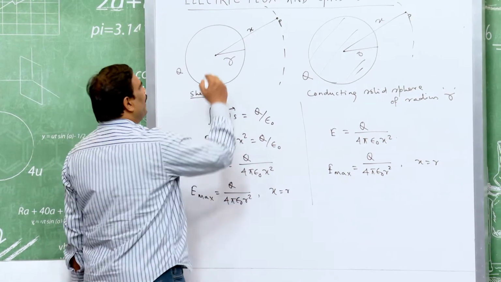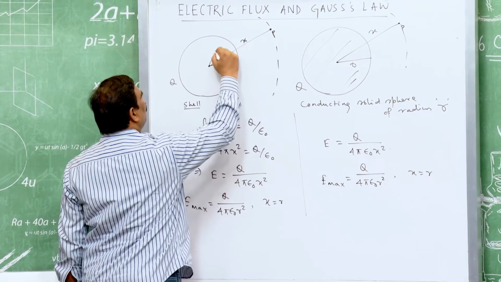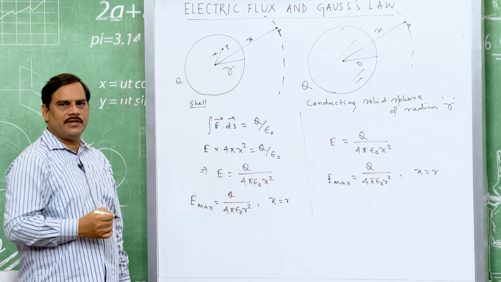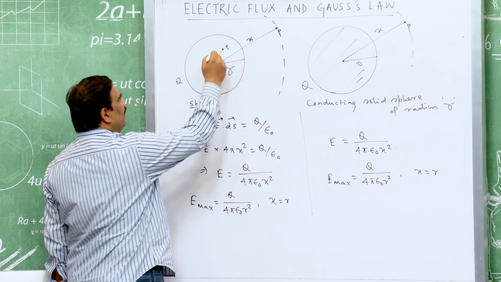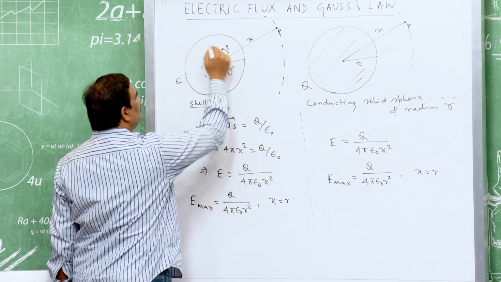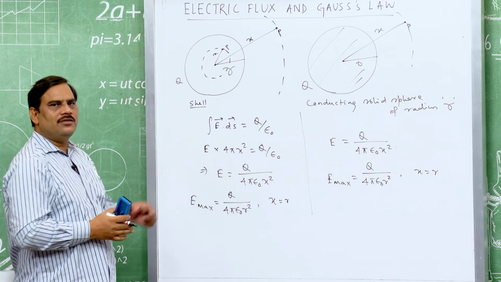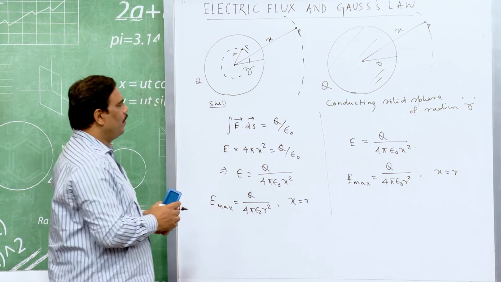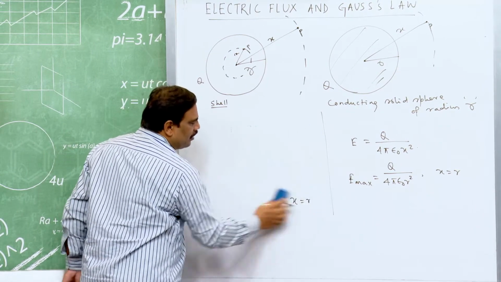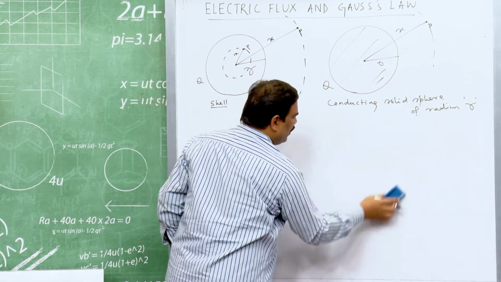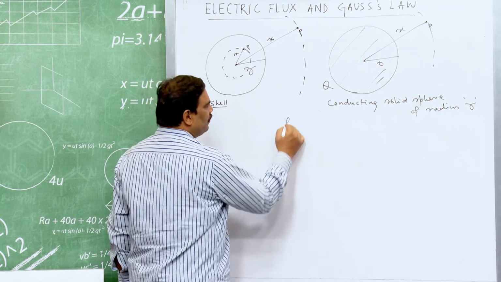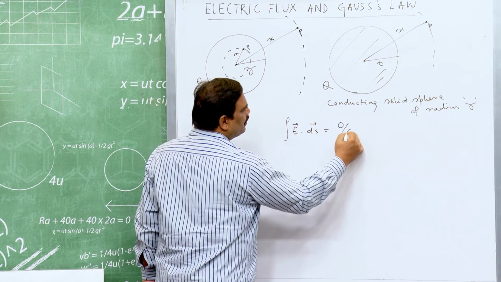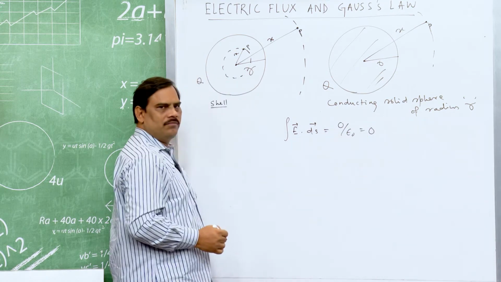For an internal point, suppose point P is somewhere inside the surface, and I draw a Gaussian sphere. Since there is no charge enclosed within this surface, therefore, for any internal point in both the cases, integration E dot ds is equal to 0 by epsilon 0, it is equal to 0.